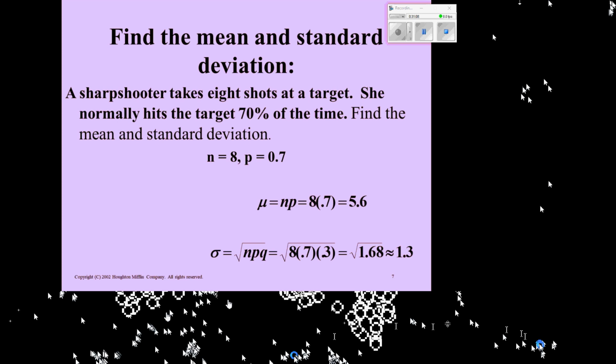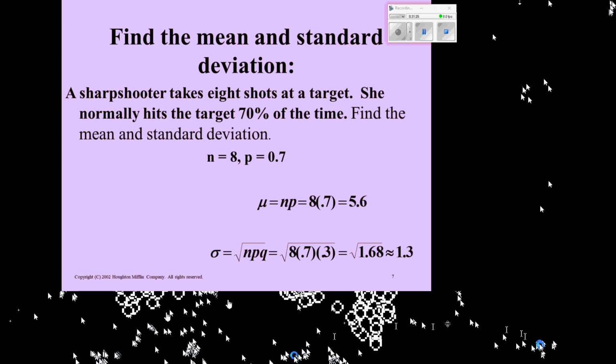And the last thing on your notes, we talked about this before. What does it mean for something to be unusual? Do you remember what the definition is? 0.05 or less than 5%.